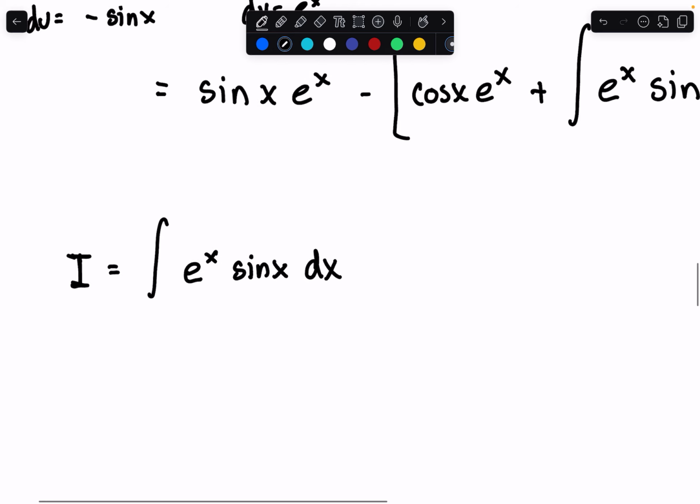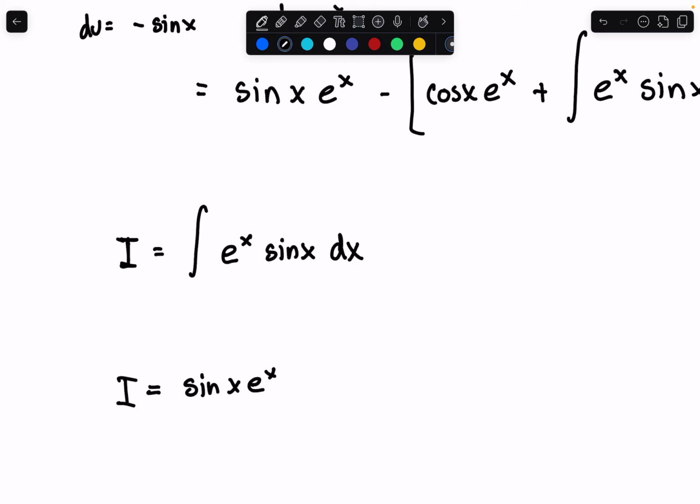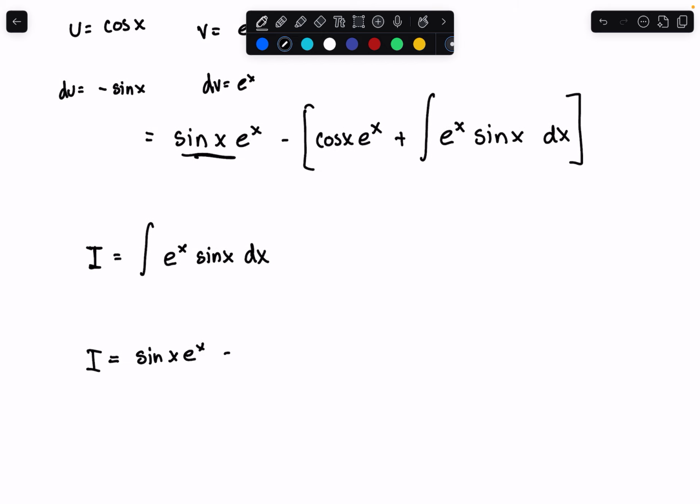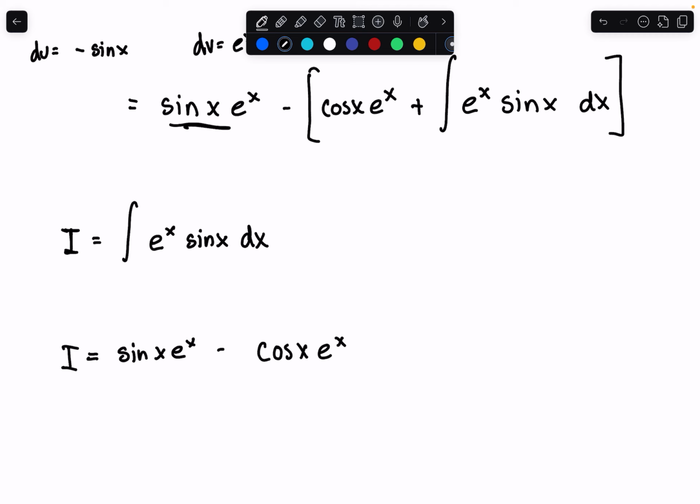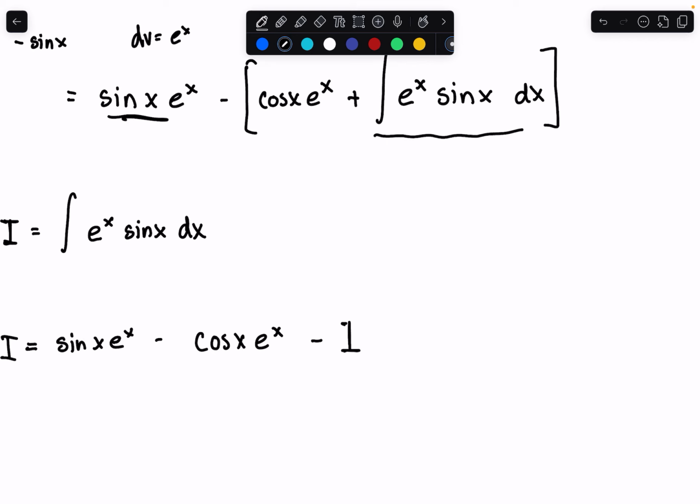So the final solution that we're looking for, we're going to call I. So now if we plug this into our original equation, what we get is that I is equal to sine x e to the x, which we got from here, minus cos of x e to the x, and we're going to carry this negative through, minus the integral of e to the x sine x. But remember, we called that I.